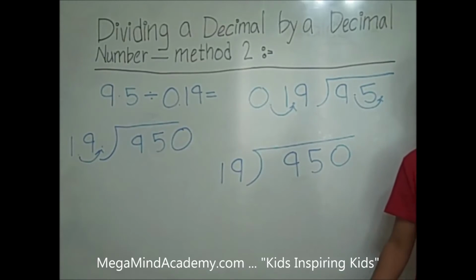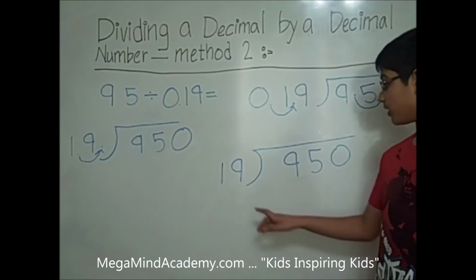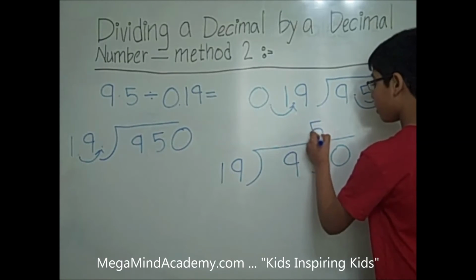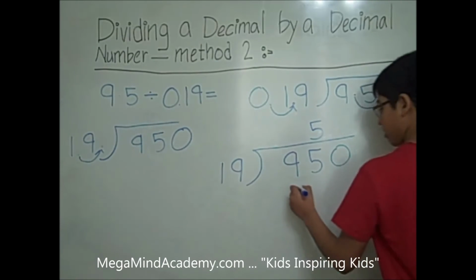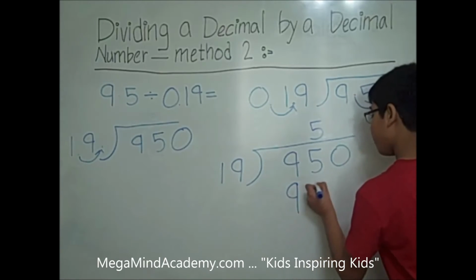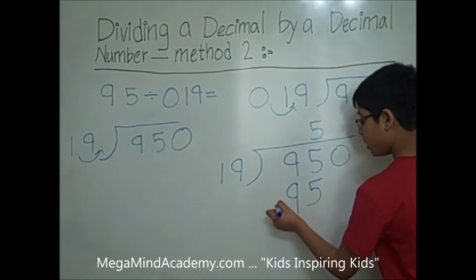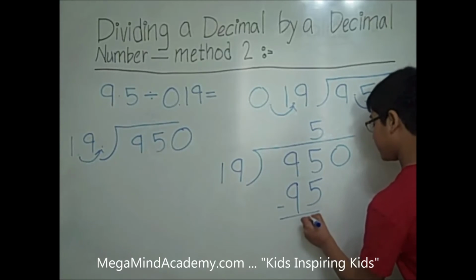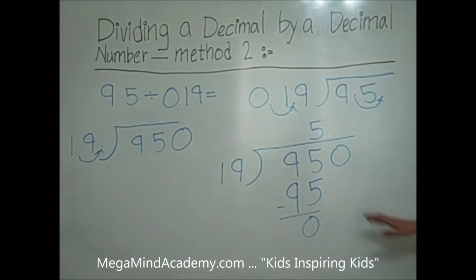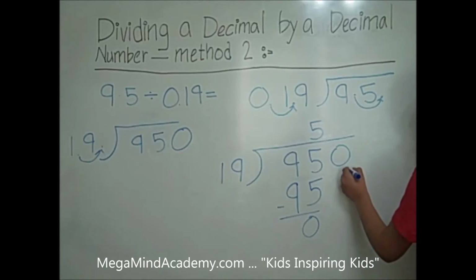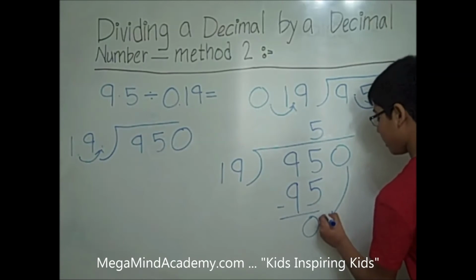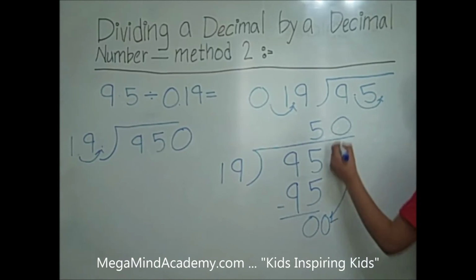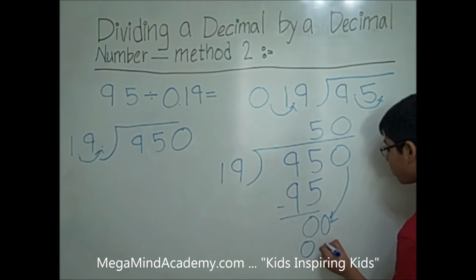Now, let's do our division. 19 times 5 is equal to 95. So you subtract 95 from 95, you get 0. Now we don't have a decimal point, so we carry down our 0, and it becomes 0. And 19 times 0 becomes 0.